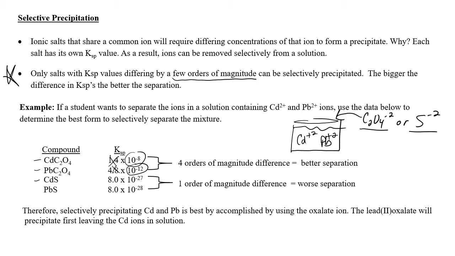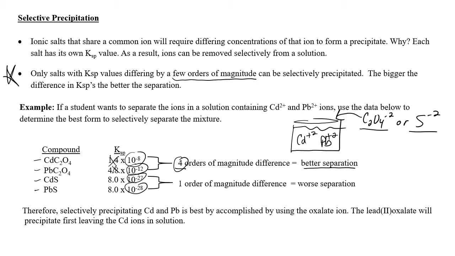Now, if we look at the sulfides, that's only 1 order of magnitude, 27 versus 28. So the greater the difference in the KSP, the better the separation. The more orders of magnitude you have, the better the separation. So if you wanted to selectively precipitate one of these ions, the best thing to add would be oxalate.